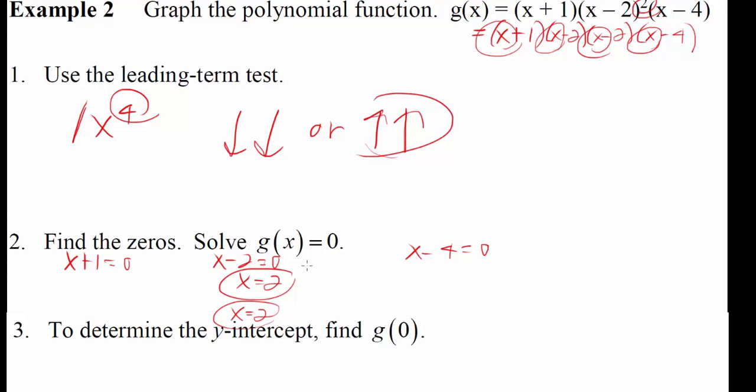So just for our benefit, whenever we're sketching the graph, we're just touching at x equals 2 because the multiplicity was even. Now for x plus 1 and x minus 4, whose zeros we'll solve in just a second, the multiplicity is odd, which means it's going to cross through those points.